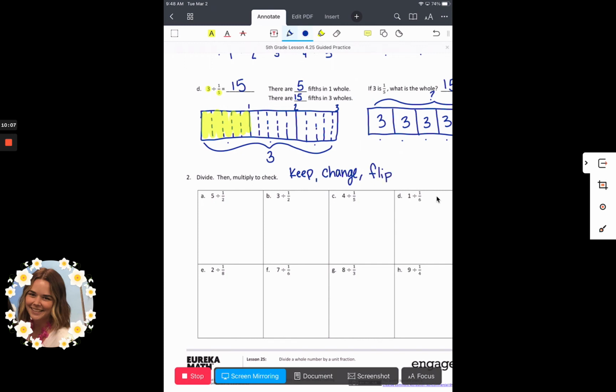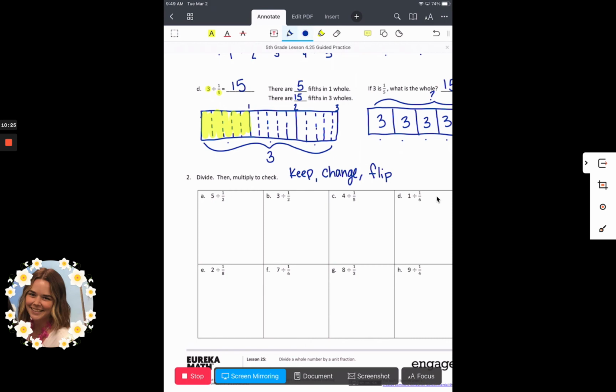So we're going to multiply by the reciprocal. We keep our first fraction the same, or our first number. We're going to change that division sign to multiplication, and then we're going to multiply by the reciprocal, or the flipped version of our second fraction.